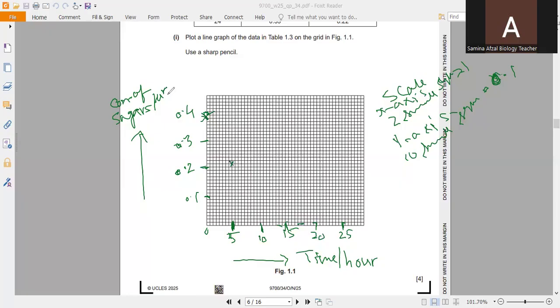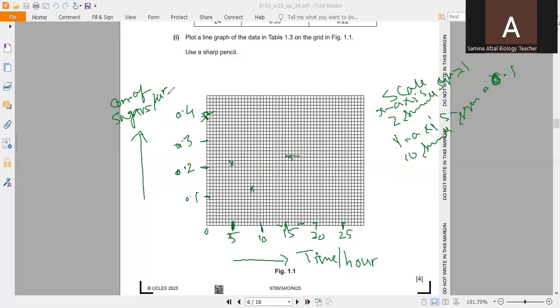And the third value is 0.13 at 8 hours, so it is very close to this one. And the fourth one is 0.24 at 15 hours. It will be 0.24 about this.